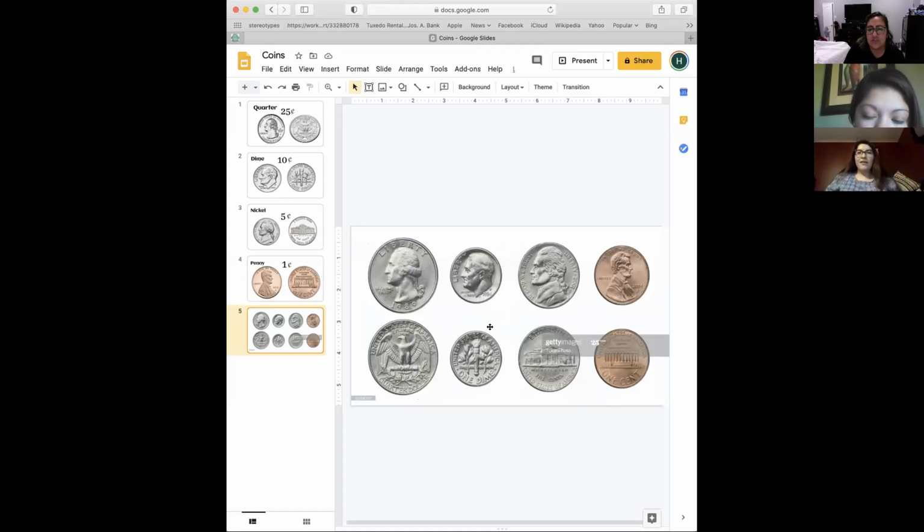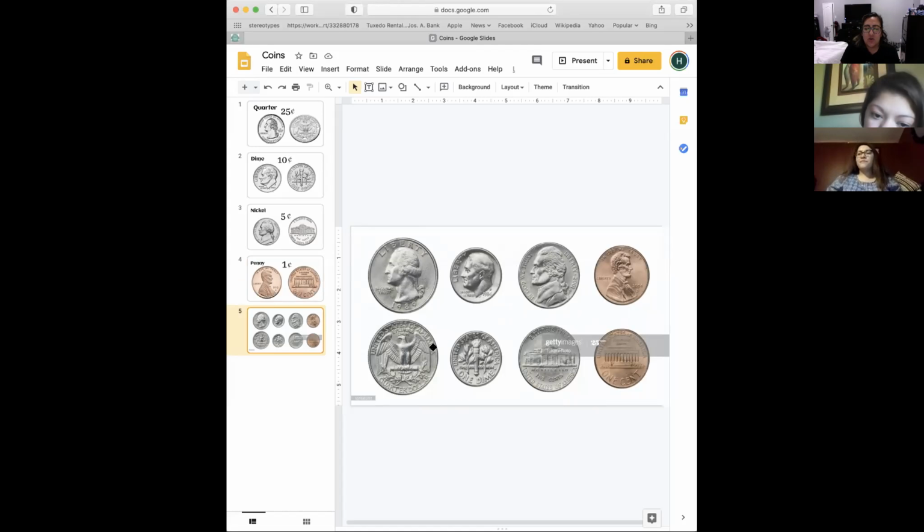This kind of shows you how they differ in size. So what do you notice about the first coin? This one here. It's bigger. It is bigger. Do you remember which one this one is? It's a quarter. It's worth 25 cents. That is right.